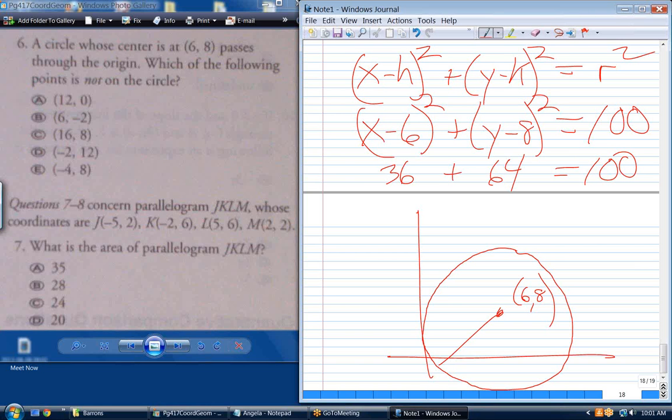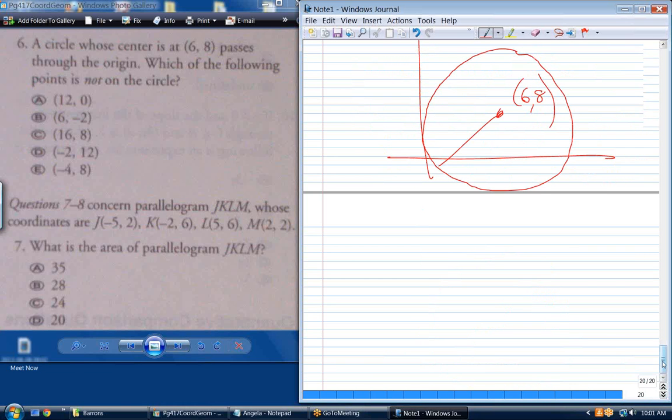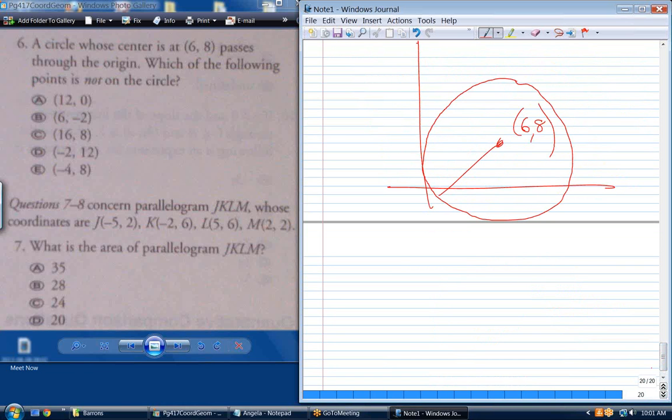However, let's see if we can figure this out just by back solving, if you don't want to rely on the math here. Let's examine some of these points. Maybe we'll be able to figure out just by looking at it. Draw this slightly more accurate, because the way I've drawn it, the x measurement's bigger than the y.